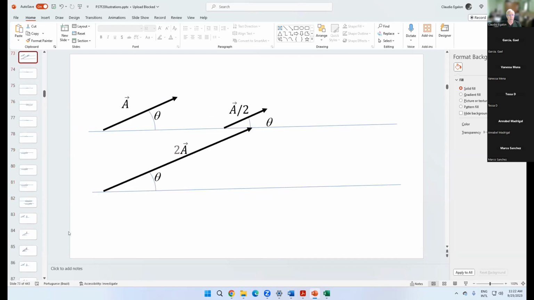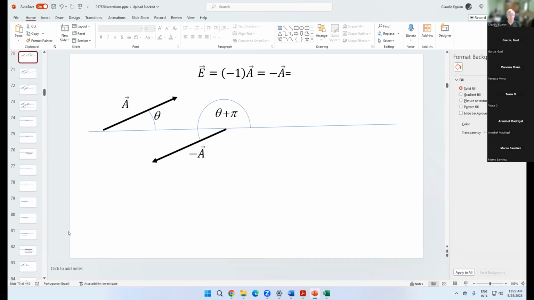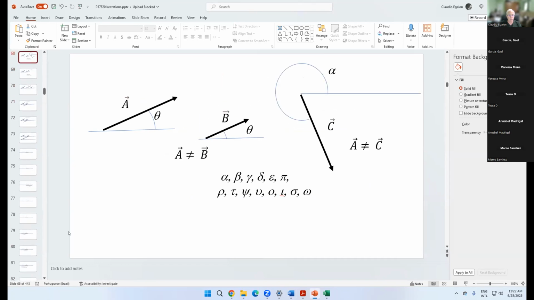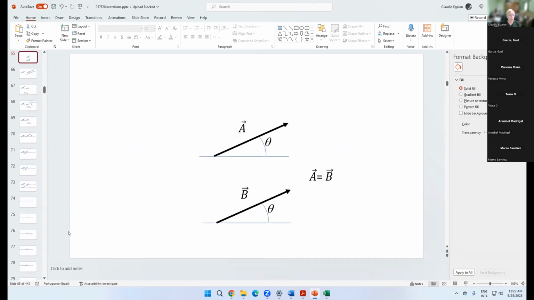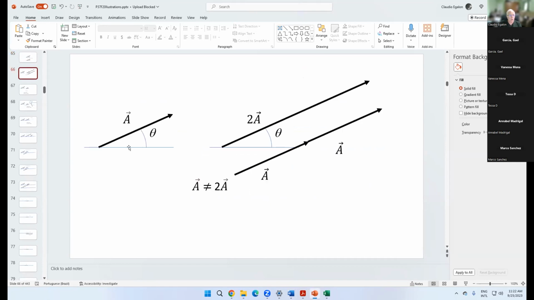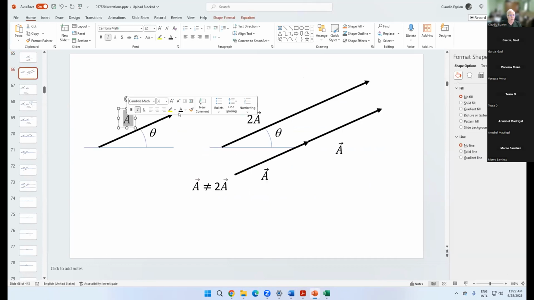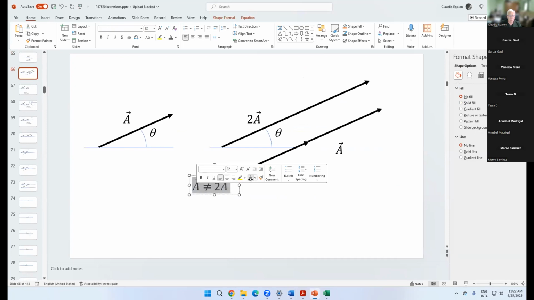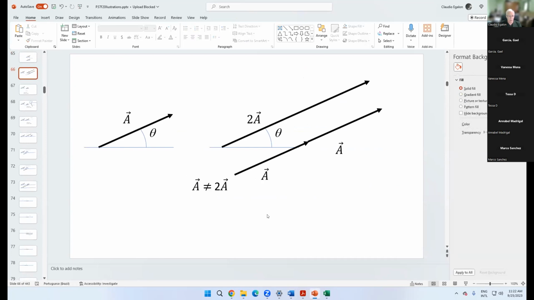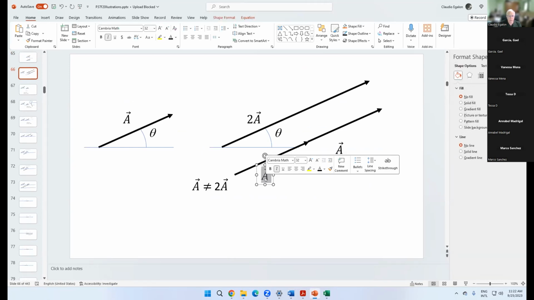There's another method too, but the head to tail method is the most important one, the most powerful one, okay? The head to tail method works all the time, for one-dimensional vectors and two-dimensional vectors. The other method doesn't work all the time. The other method works only for vectors in the two-dimensional space.